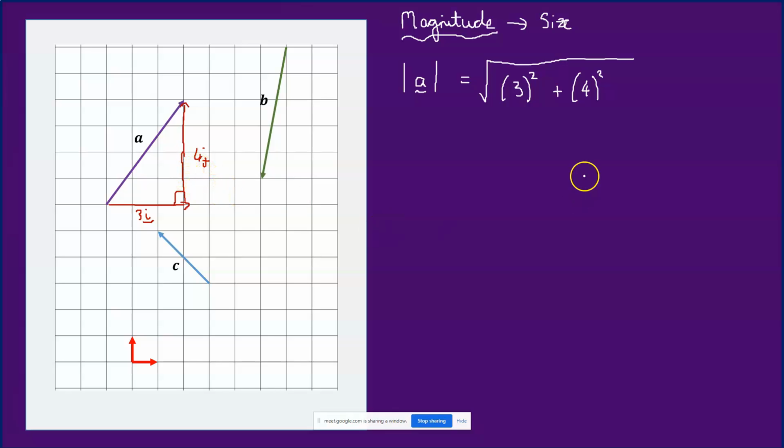Pretty much like doing that distances work last week on the straight line stuff. And there you go. So the magnitude, the size of that is 5. Now the magnitudes will always be positive, because if we're talking about a size of something, this is just a scalar in this case.